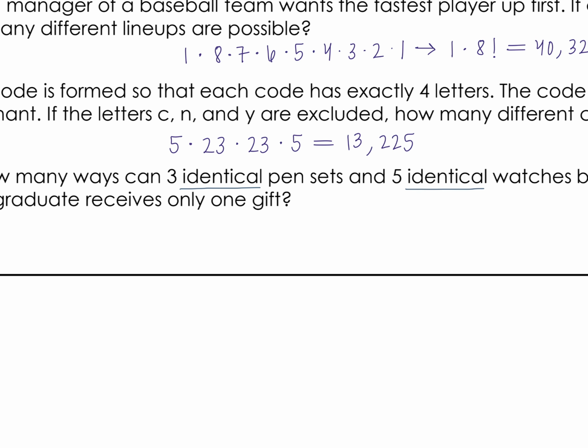So we would just do our 8 factorial, but we have to divide because 3 are identical for the pens and 5 are identical for my watches. So we would have 3 factorial times 5 factorial in my denominator. And so plugging this into my calculator, I'm going to get 56 as my answer.